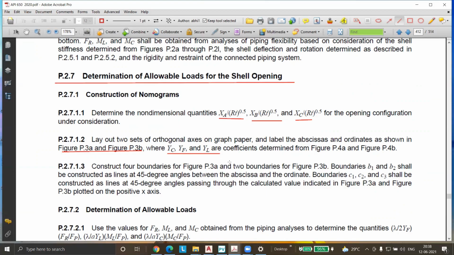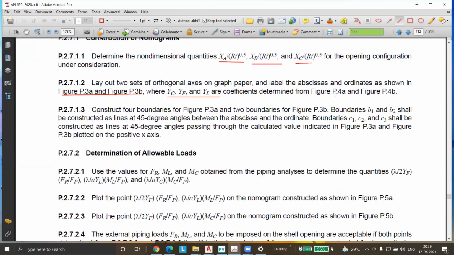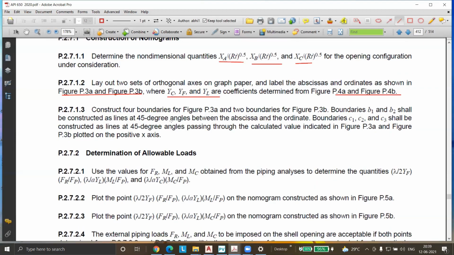Now let us calculate that YC, YF. It will be available by P.4a, P.4b. We are just mentioning this axis on a layout. We'll come to that. Let us find this YC, YF, and YL.